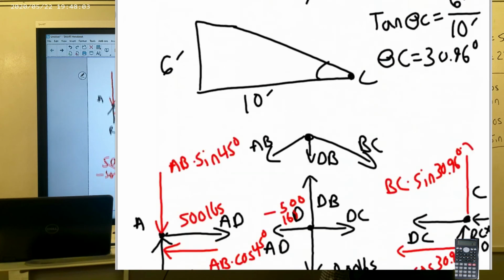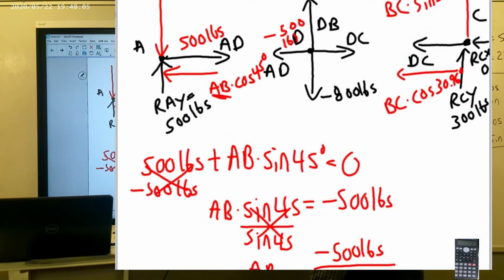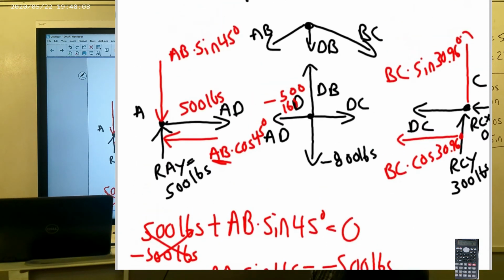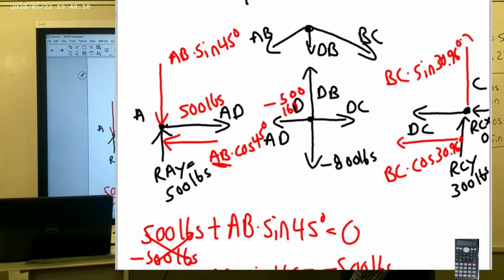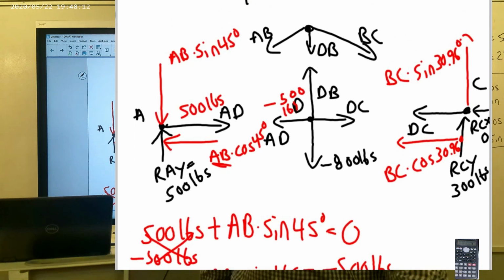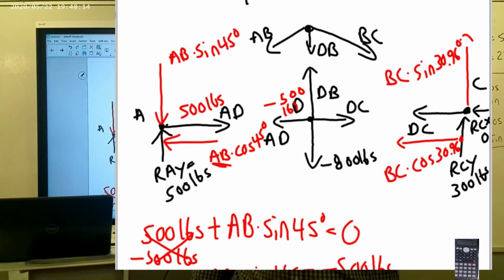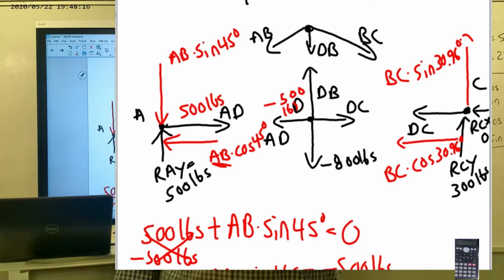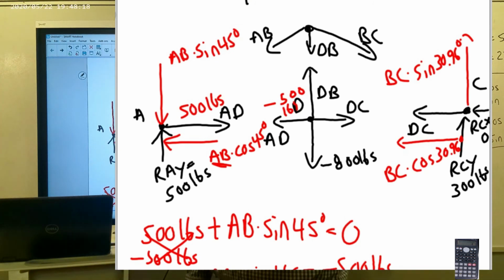So let's go back to our free body diagram for point C. We could use the X component or the Y component to solve for it. We really don't need to use both. The only way we would actually use both is if we really wanted to confirm that we have the correct answer. But we can use either. The one that I prefer to use, though, is the reaction force Cy.